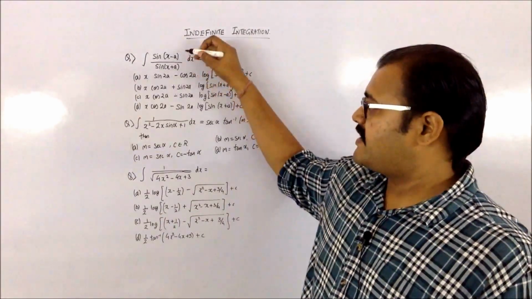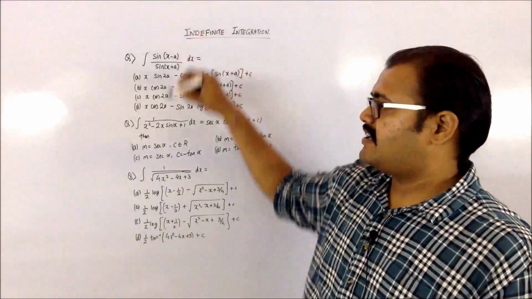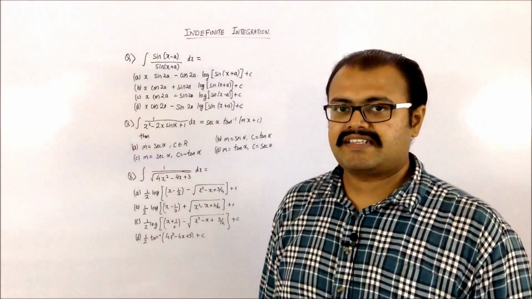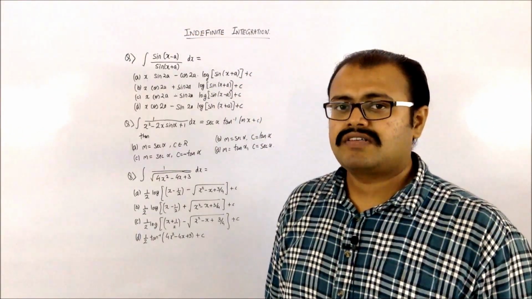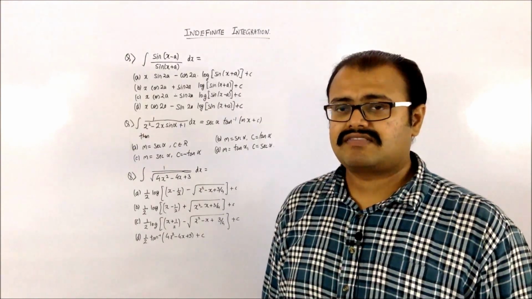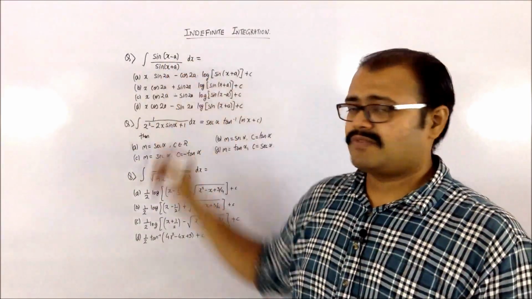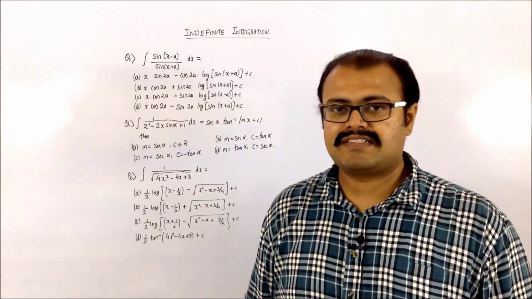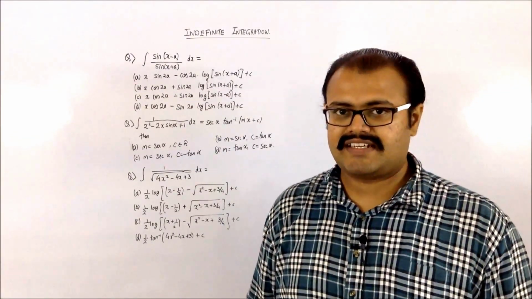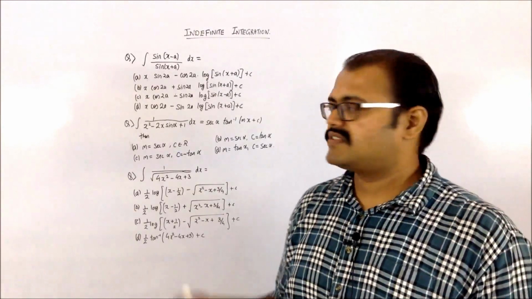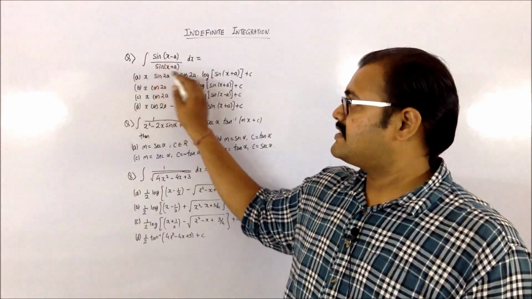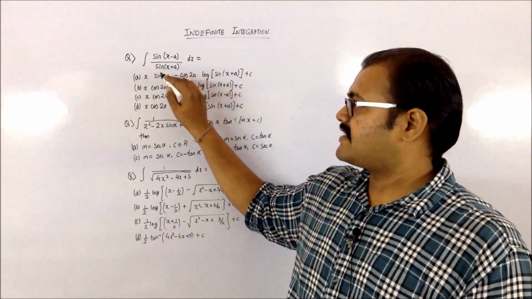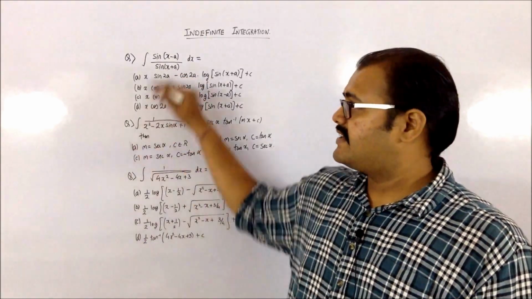In the first one, we have sin of x minus a upon sin of x plus a dx. Now, in this sort of questions, whenever you are having a sine upon cos of some bracket which is x plus a, x plus b or something like that, what you have to try to do is bring this particular x plus a along with the sine in the numerator.